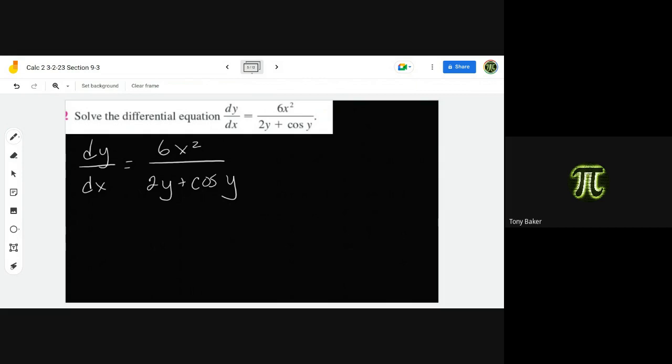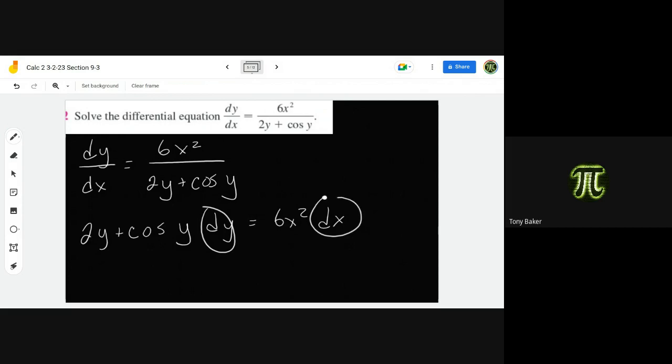Nice thing is the way it's set up, we can easily split this up. So I have 2y plus cosine y dy equals 6x squared dx. So take the integral of both sides. The integral, yes. Because the goal right now is to get rid of that. And to get rid of the derivative, I have to take the integral, because those will cancel each other out.